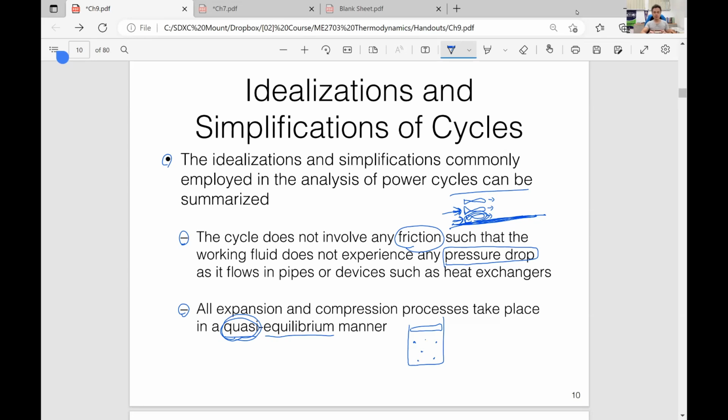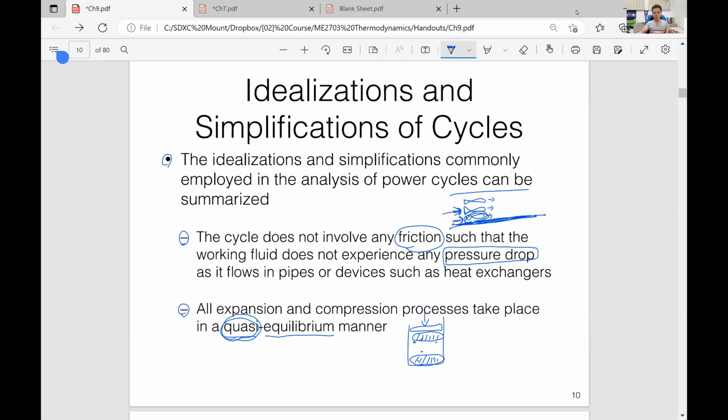So quasi-equilibrium is an equilibrium, but it's an assumption, because when the system volume is expanding or being compressed, the material properties around this area will probably be different from the material properties at this area.